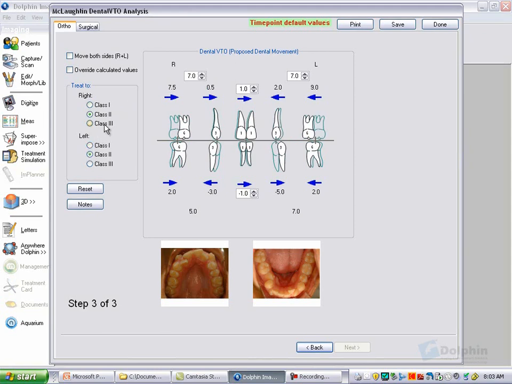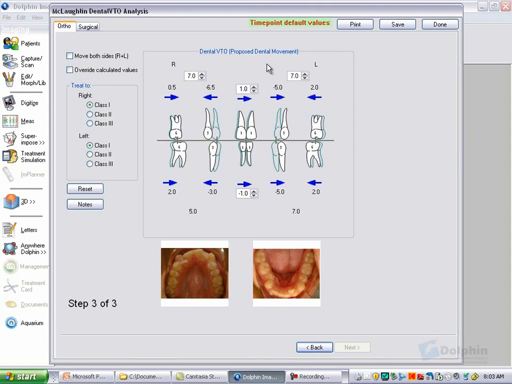If, in those unusual situations where we take out only lower bicuspids, we might end up in a class 3 relationship. So that's important to keep in mind as we set the molars in class 1, class 2, or class 3. This patient goes back to the class 1 relationship, and here we have the proposed dental movements for the case.